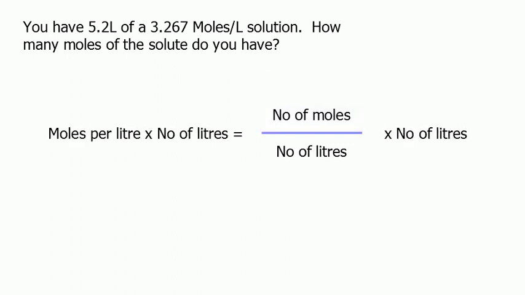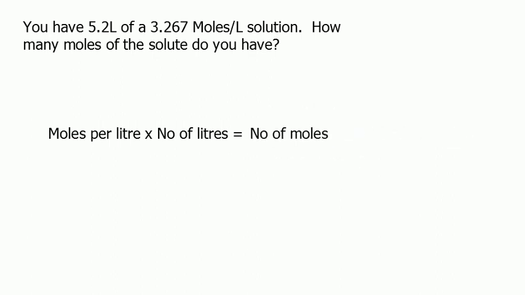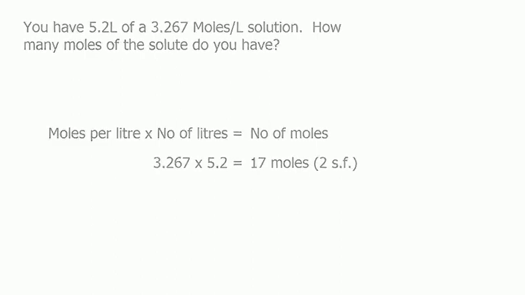If we multiply both sides of the equation by the number of litres, we can cancel these two, leaving us with just the number of moles on this side. And so if we plug the numbers into that calculation, we can work out the answer.